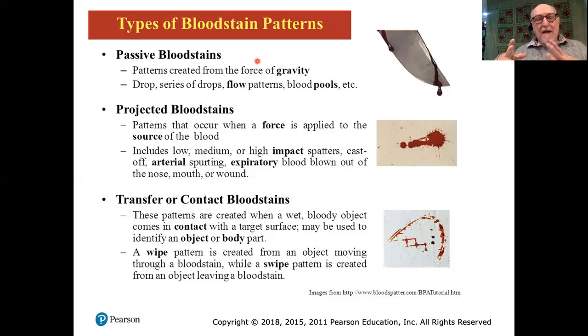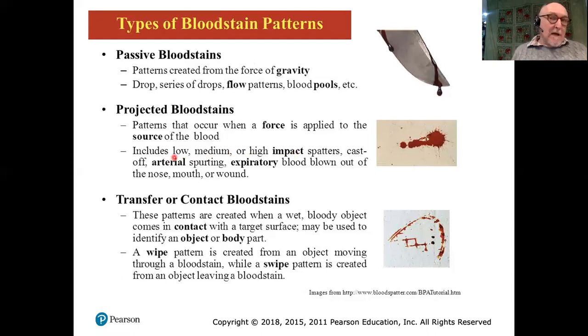Now, these gradations, as I'll show you in a minute, are not necessarily that useful, because any assault, any attack with a fist, weapon, whatever, can in fact incorporate all three. It depends on the nature of the attack. We would associate high impact patterns largely with a gunshot, but even a gunshot can produce some impact spatter that looks like low.